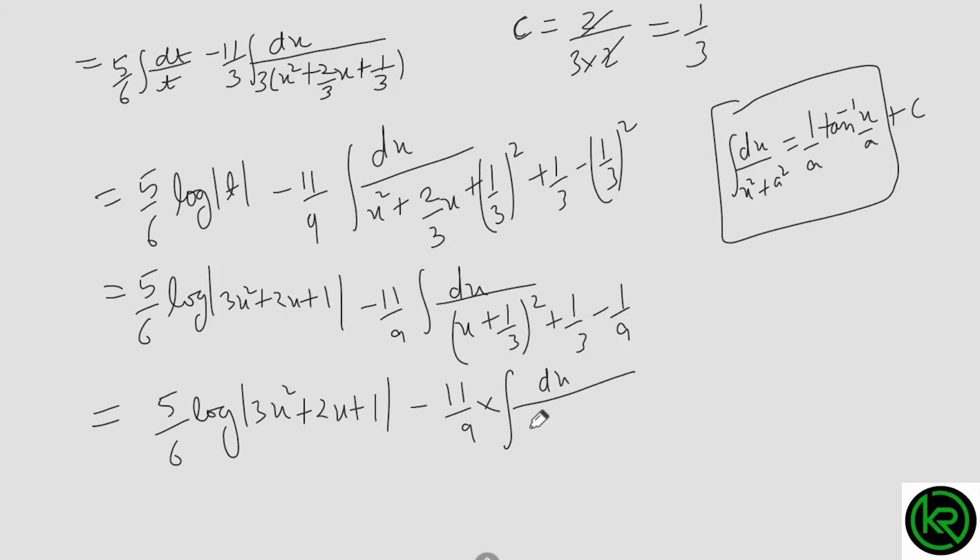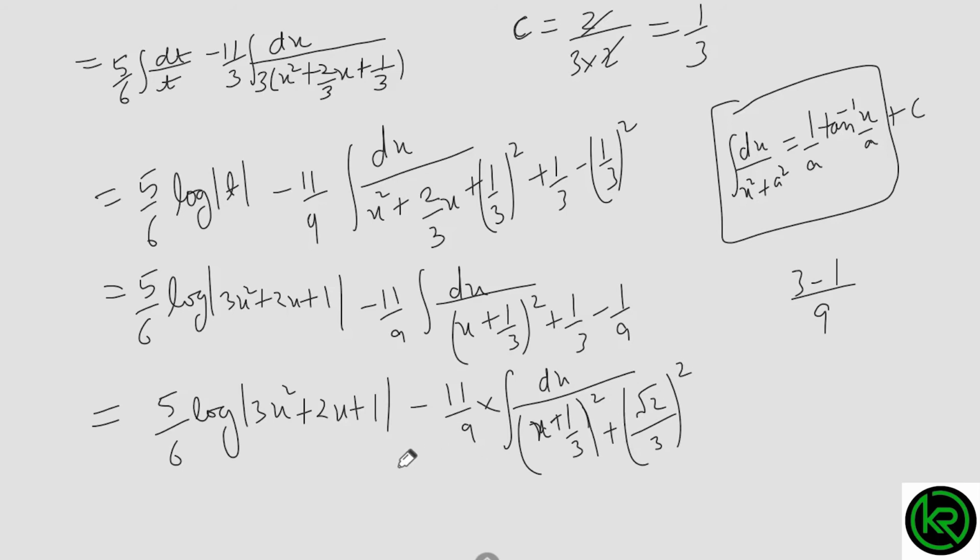So a will be, x plus 1 by 3 square, and 3 you will multiply here, LCM will be 9, and 3 minus 1 is 2, so we can write root 2 square over 3 square.